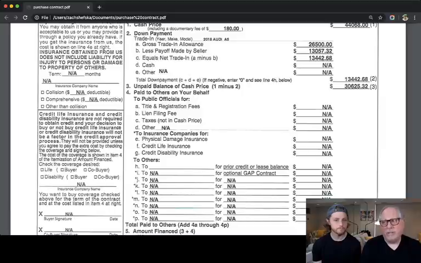Okay, and you would see the lien filing fee and any sales taxes or county taxes or city taxes all be rolled into the tax line. If there's any insurance that the customer decided to take, and I don't know anybody that even sells credit life insurance or credit disability insurance anymore, or even physical damage insurance.